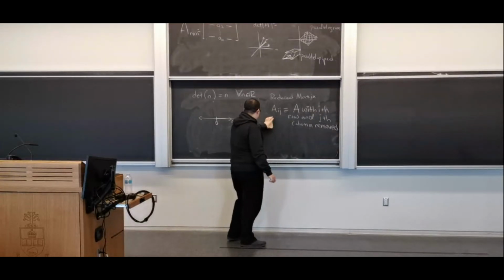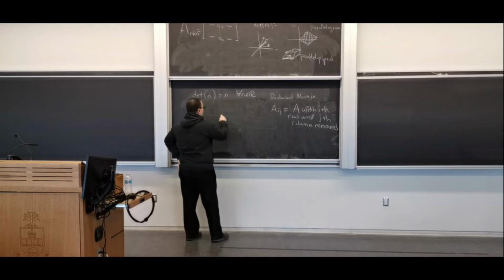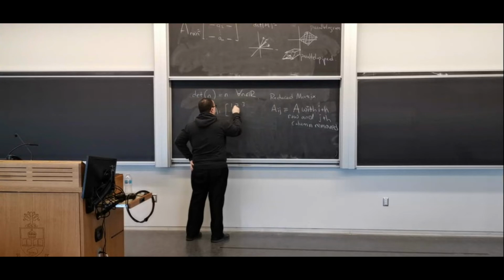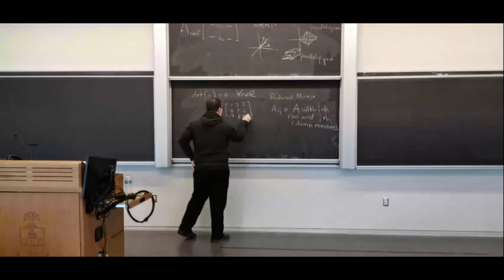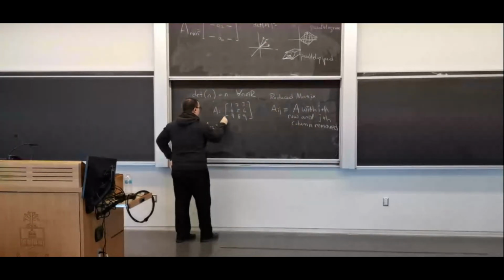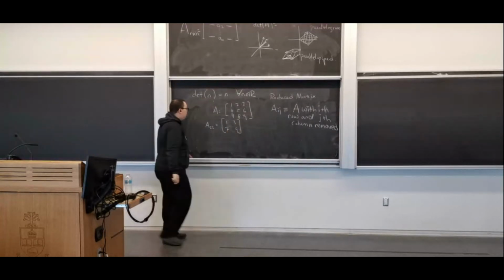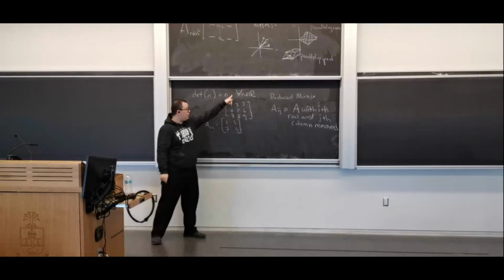So an example, right? If A equals 1, 2, 3, 4, 5, 6, 7, 8, 9, then A22 will just be 1, 3, 7, 9. Right, for A22, I remove the second row and I remove the second column.